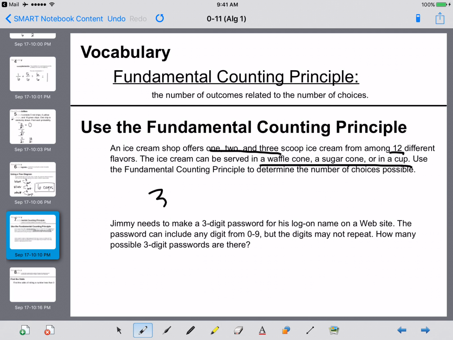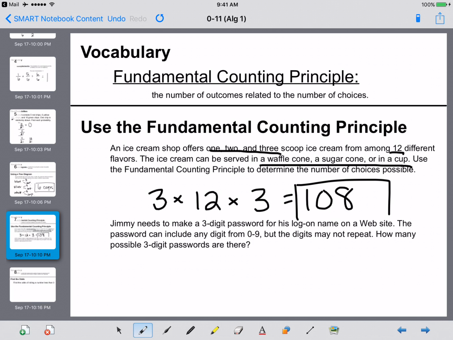There are 3 different options for the amount of scoops, 12 different options for flavors, and 3 different options for the ways that it is served. In order to figure out the total number of possible choices, you can just multiply all of those together. So 12 times 3 is 36. 36 times 3 is 108. So there are 108 different combinations for ice cream at this ice cream shop.